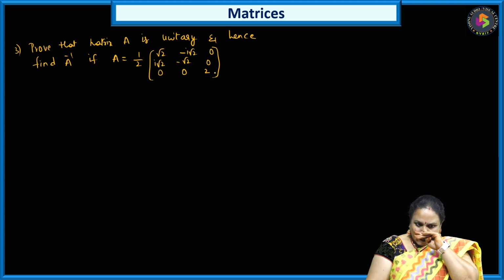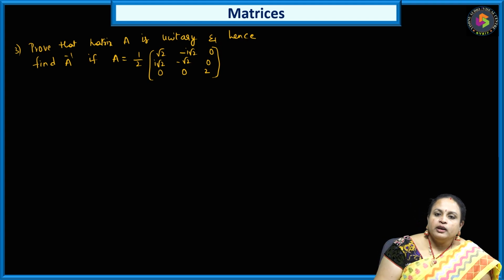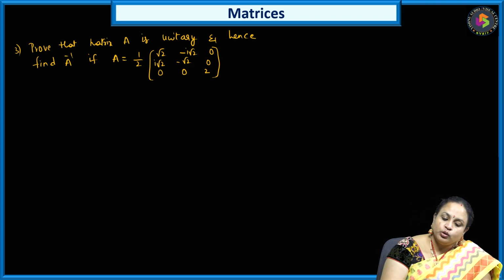Okay, suppose this is the given matrix A. First what we have to show, we have to show that the matrix A is a unitary matrix and hence we have to find A inverse.